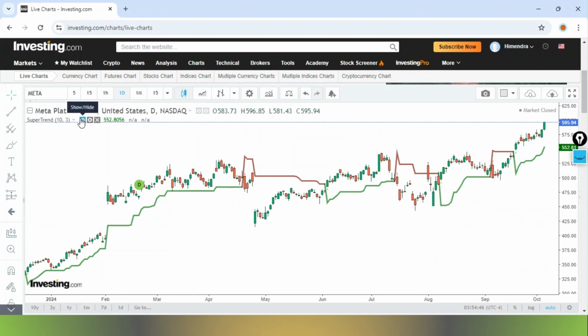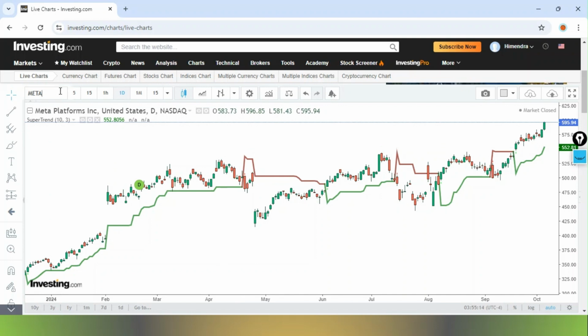Meta is in an uptrend, and it has given a breakout at $549, and from 549 it went up to 595. And see, your stop loss is moving up, so you need not worry about where to place the stop loss. You can simply place the stop loss at 552, and you are earning your profit.